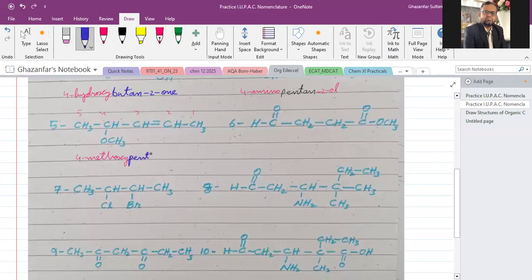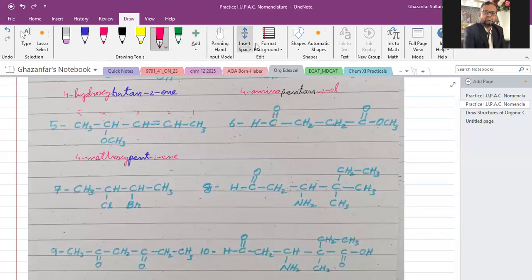So the parent chain is pentane, not pentane. It is not pentane because you can see there is a double bond and the double bond is on the second position. So this is pent-2-ene. So the name is 4-methoxypent-2-ene.